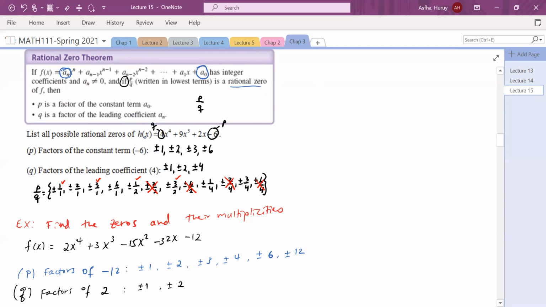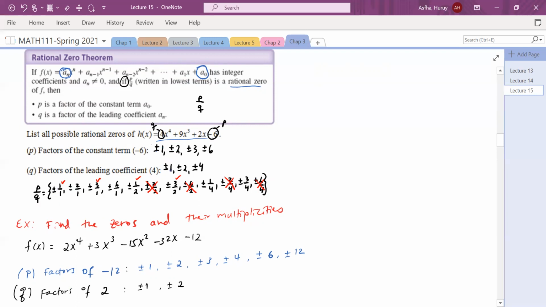Now we don't know if they are zeros or not, but the possible rational zeros of this polynomial will be p over q. Now we divide each factor of negative 6 by each factor of 4, but we don't need to repeat them. So plus or minus 1 divided by plus or minus 1 is still plus or minus 1 over 1.